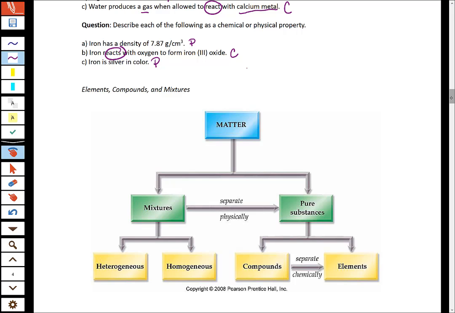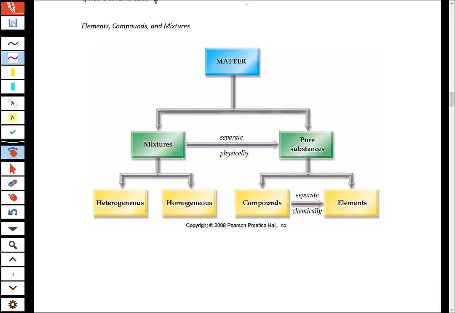So we've already defined matter here, and now what we're going to do is separate matter into the different components. What I mean by that is matter could be pure substances. That would be things that are atoms, things that are molecules, or when we get a little bit further along and we learn what a formula unit is, right?